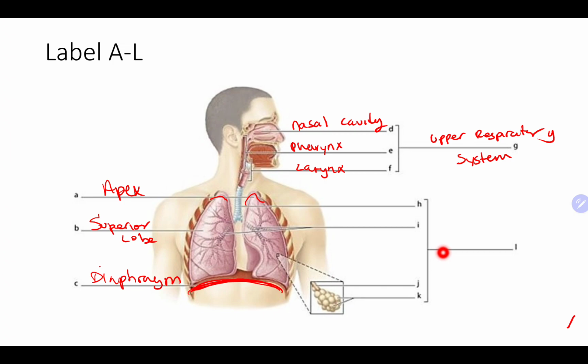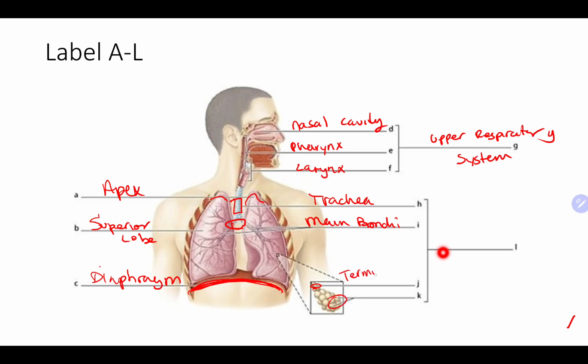And now we're in the lower respiratory system down here, where we have the windpipe. That's going to be the trachea. We have these main bronchi coming into the lungs. Down here we have these terminal bronchioles right before we get to the alveoli.